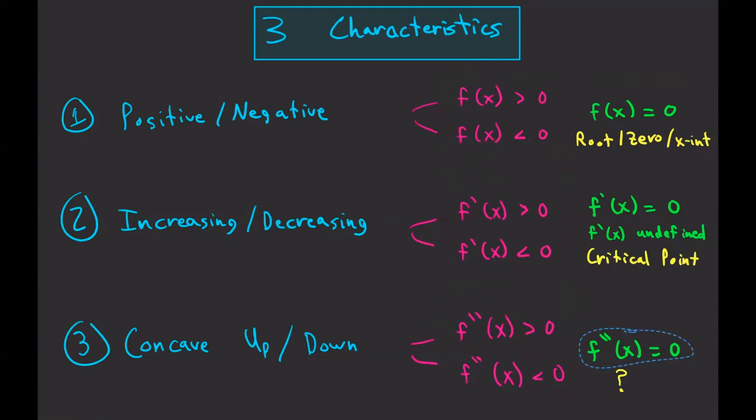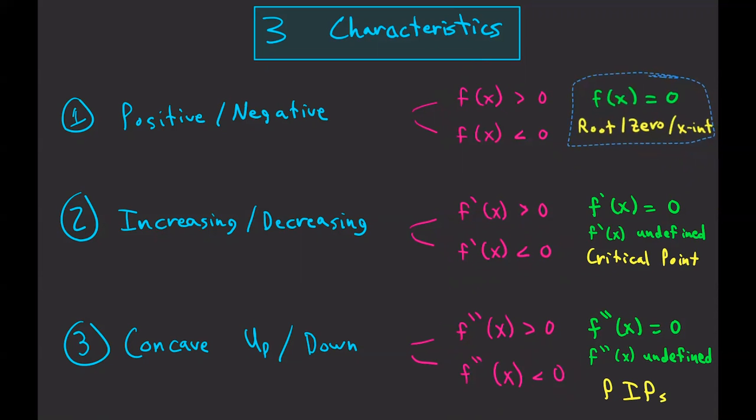And then likewise right here, f double prime of x is equal to 0. We also do care about f double prime of x being undefined. And we'll go ahead and call these pips, possible inflection points. And so we definitely care about where those are all equal to 0, where the function is, where the derivative is, and where the second derivative is.